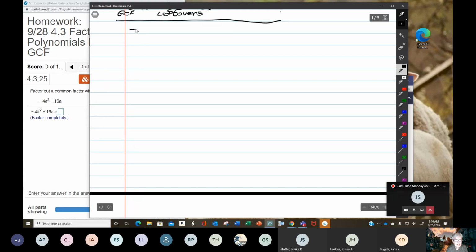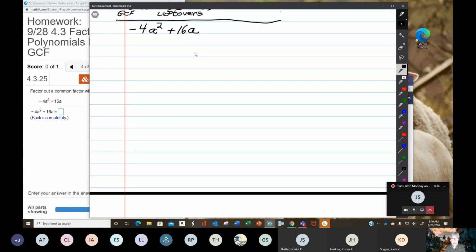Okay, we've got negative 4a squared plus 16a. Again, quite obviously, if you know your numbers pretty well, you would say there's a 4 and 16, so obviously 4 is the GCF, and both terms have at least one a, so 4a is the GCF.